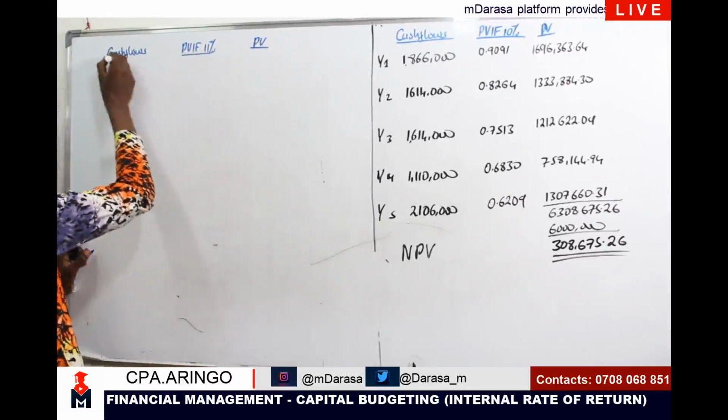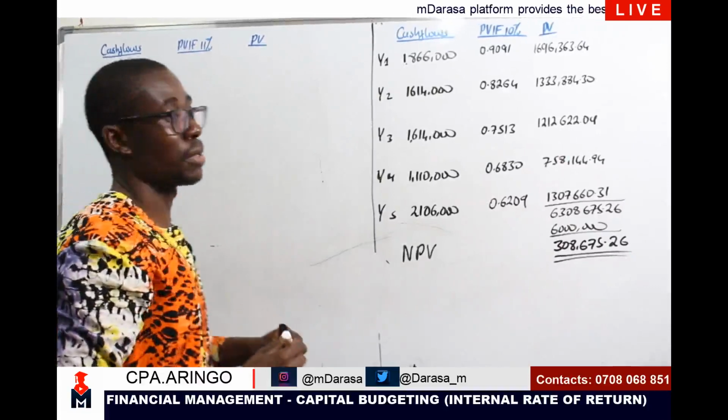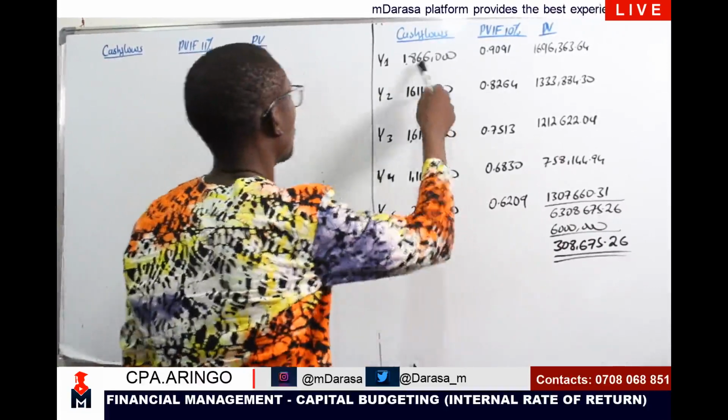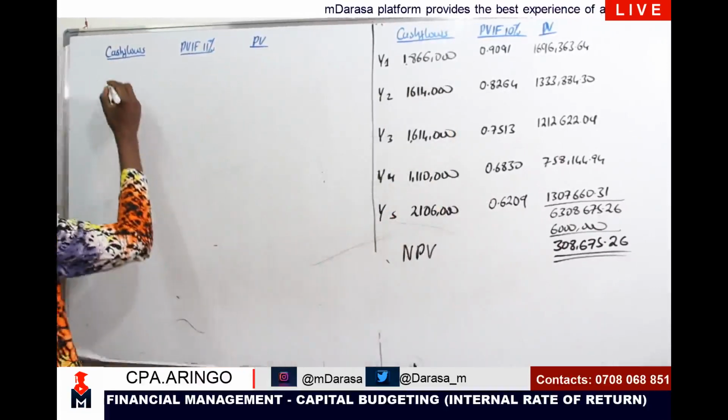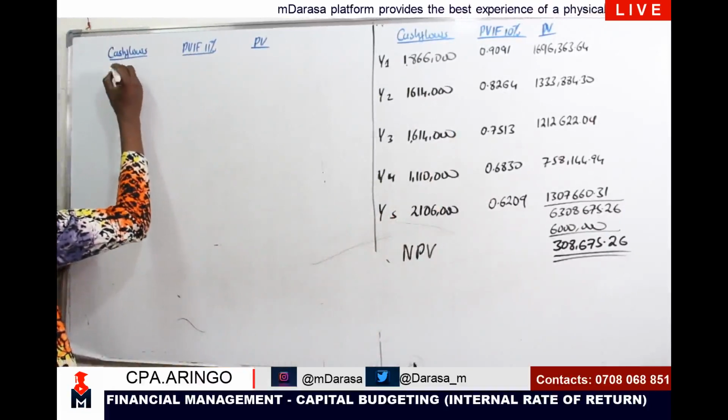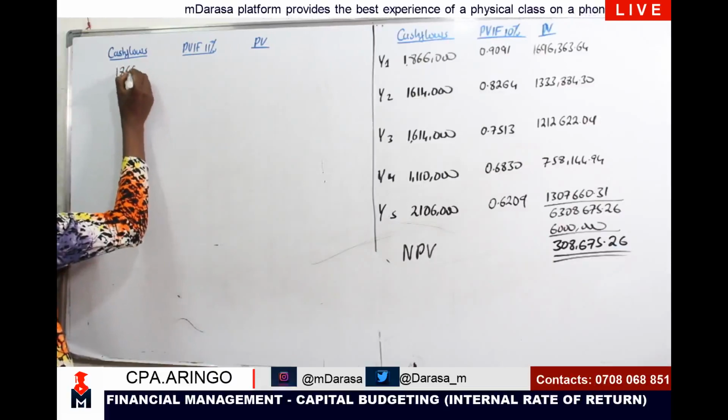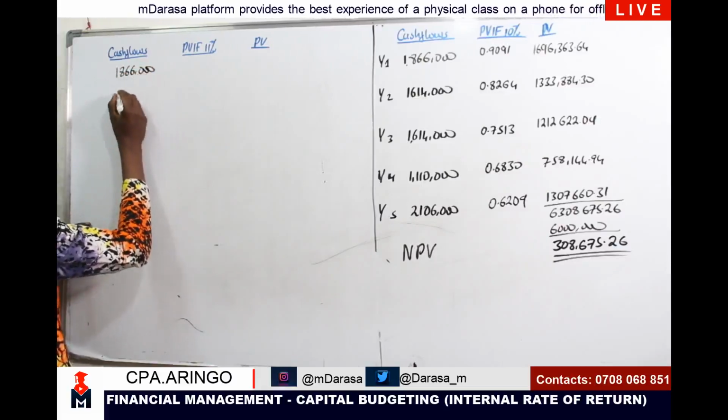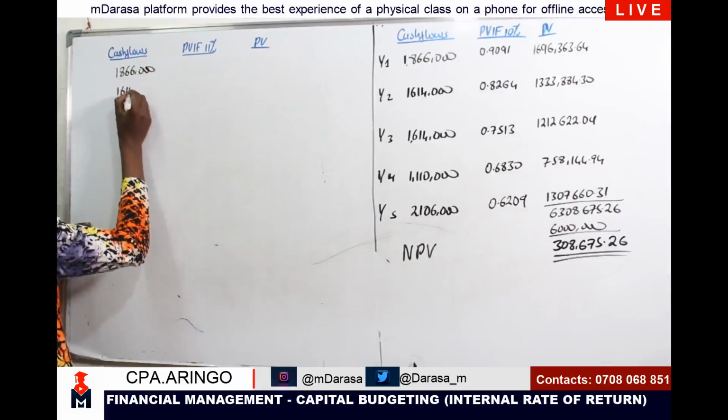Remember, our cash flows will not change, they will just be the same. So I'll just be picking whatever we had here. I'm having a figure of 1,866,000. We do have 1,614,000.